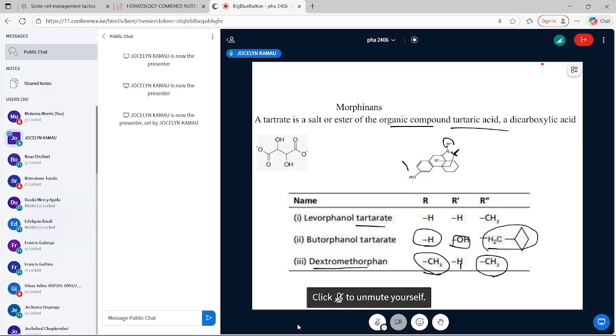Which was that compound, a morphine analog, which has a very similar structure to this? Can anybody remember this butorphanol tartrate? Which compound had we discussed before?